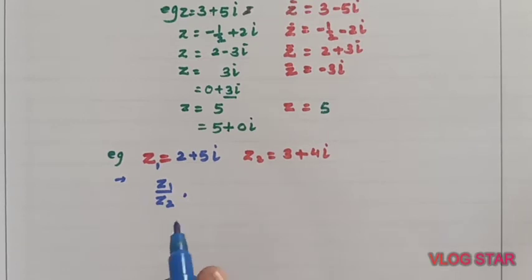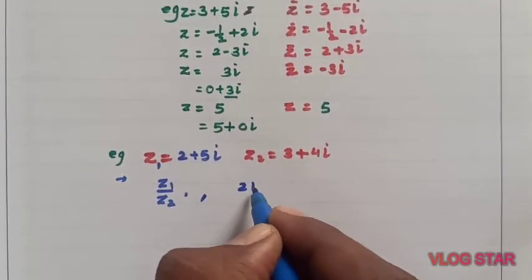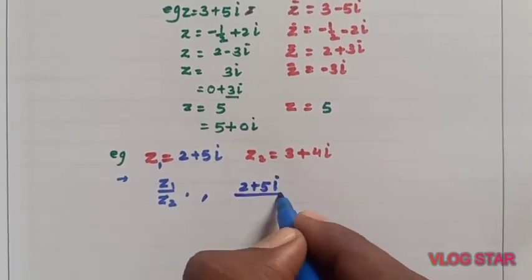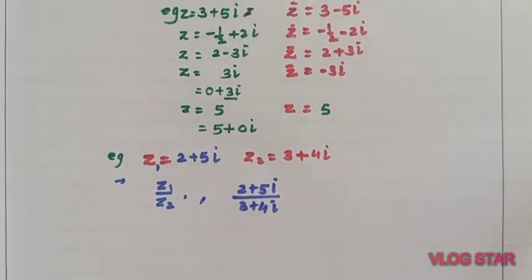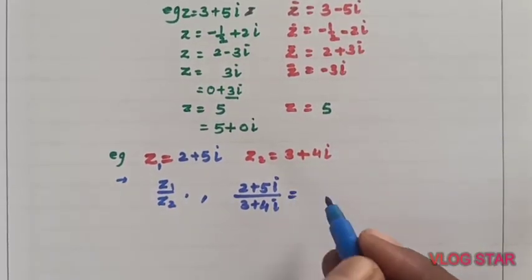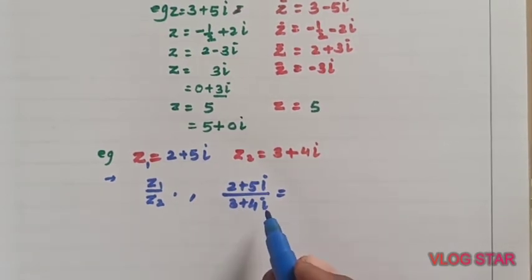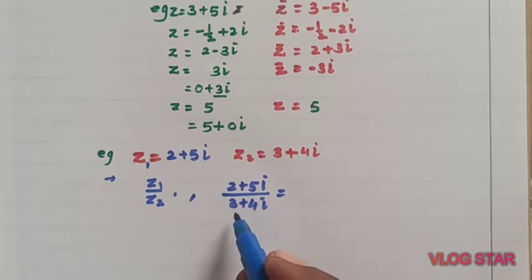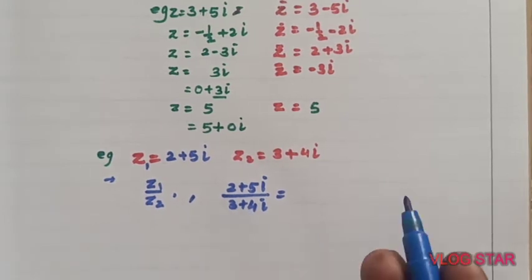How will you get this answer? Your expression is 2 plus 5i upon 3 plus 4i. Let's simplify. What is the conjugate of this? Because while rationalizing the denominator, we multiply. Whenever there is a plus bi, its conjugate is a minus bi. Similarly, we will multiply and divide by the conjugate of 3 plus 4i.